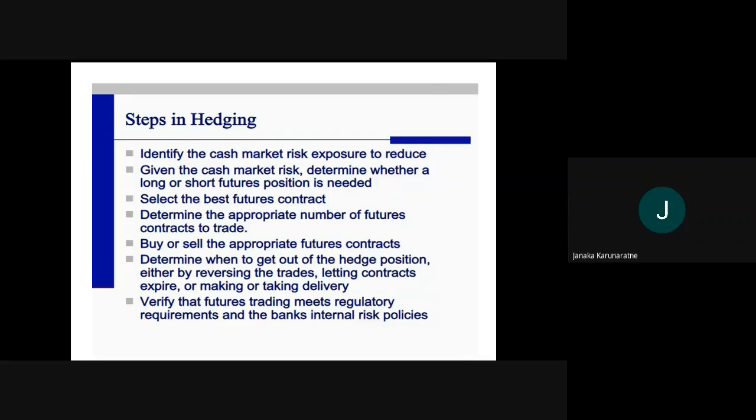I want to issue these deposits or borrow in 6 months' time. Between today and 6 months' time, interest rate goes up. It's a risk to me, because there is a possibility interest rate goes up to 11, 12%, and then I have to pay additional interest. So you have to identify the cash market risk.